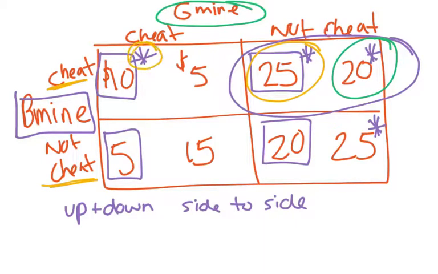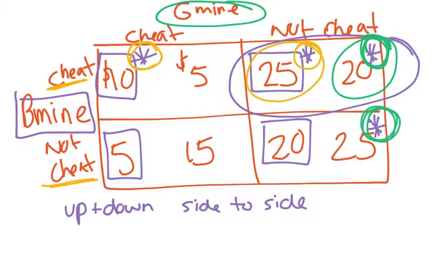For example, there's the star there, they're going to cheat there, and they're also going to cheat there. G mine is actually always going to not cheat. It's just better off for them. So for example, G mine is right here, so they are not cheating. Their other star is right here, they are also going to not cheat. So how you read these is B mine is horizontal, G mine is vertical.